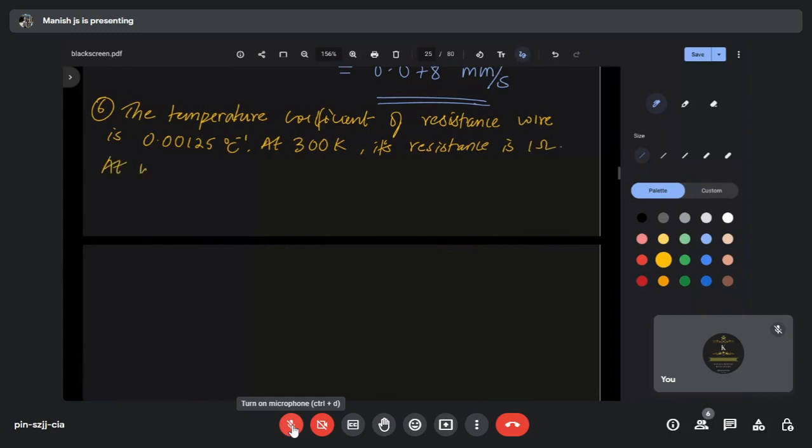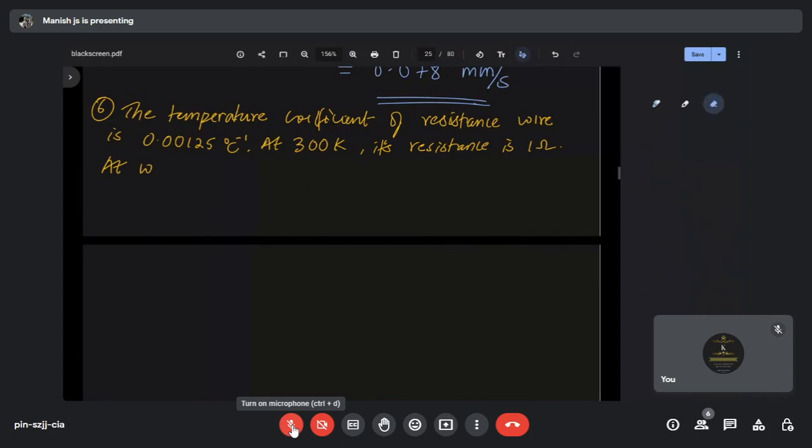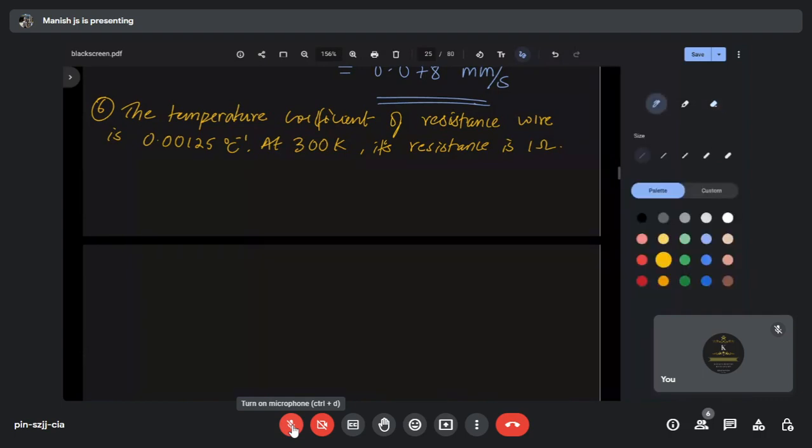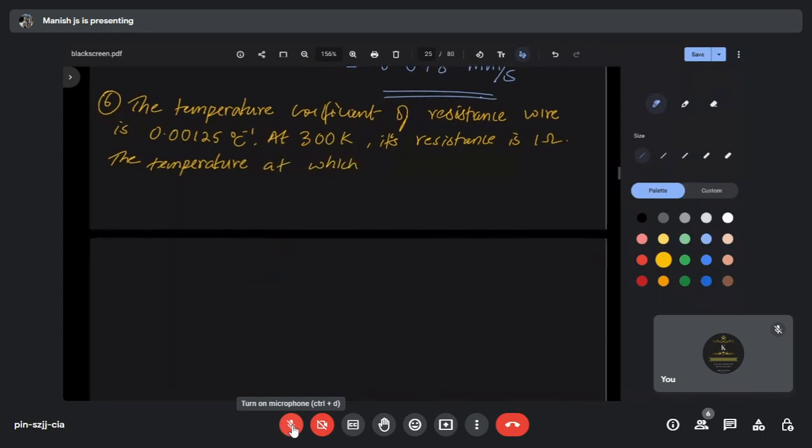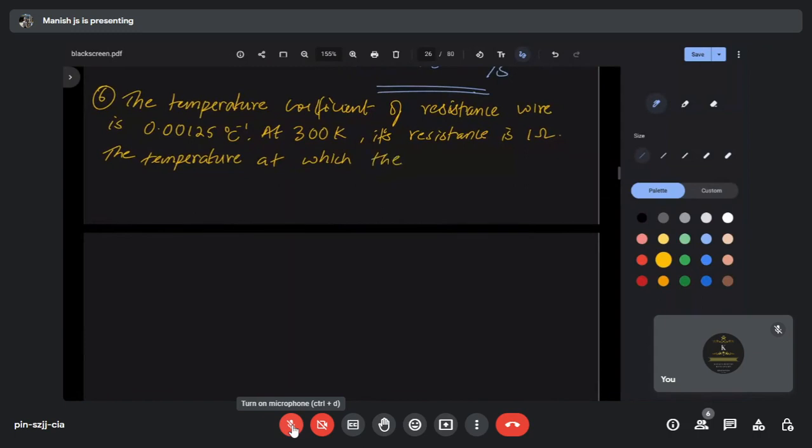At what temperature, or let's rephrase it: the temperature at which the resistance increases by unity is.